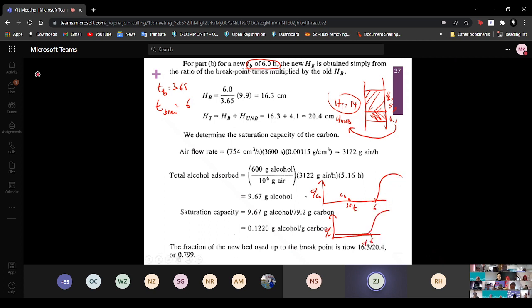Please remember, if it involves the same solute and the same adsorbent, the mass transfer zone curve you get is the same, its profile and pattern do not change. Unless you change the solute, not alcohol anymore, maybe it becomes something else, or the adsorbent is not activated carbon, maybe you use alumina, then it will not be the same, and you cannot do it this way. Okay, this is the same case.